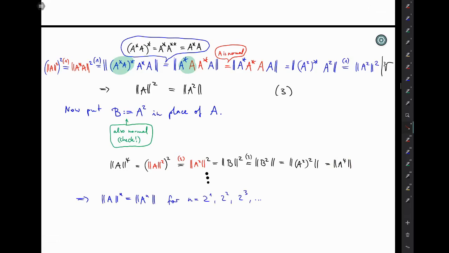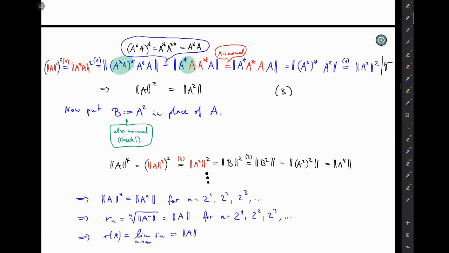So again, you see that you can drag the exponent n outside the norm if n is a power of 2, and then by taking the nth root, you see that our sequence R_n, which is just the nth root of norm of a to the power n, is only the norm of a. And again you use that this converges to the spectral radius, so also this subsequence should converge to the spectral radius, but it's constant, so this constant must be equal to the spectral radius.